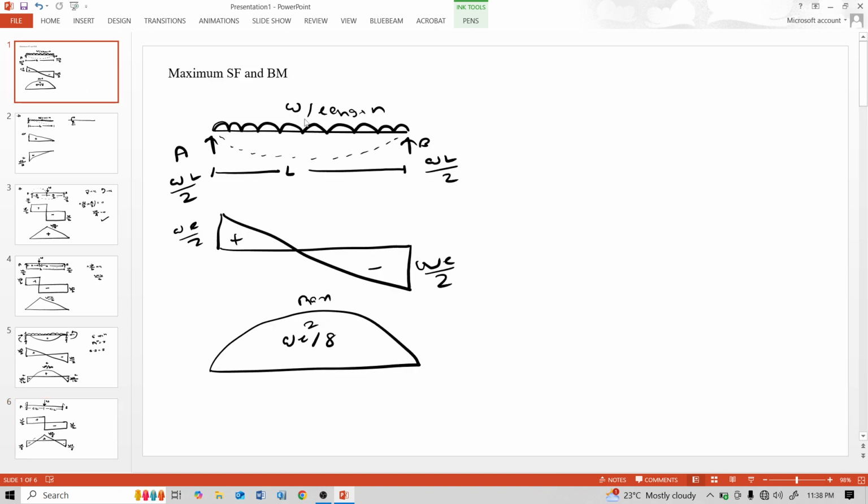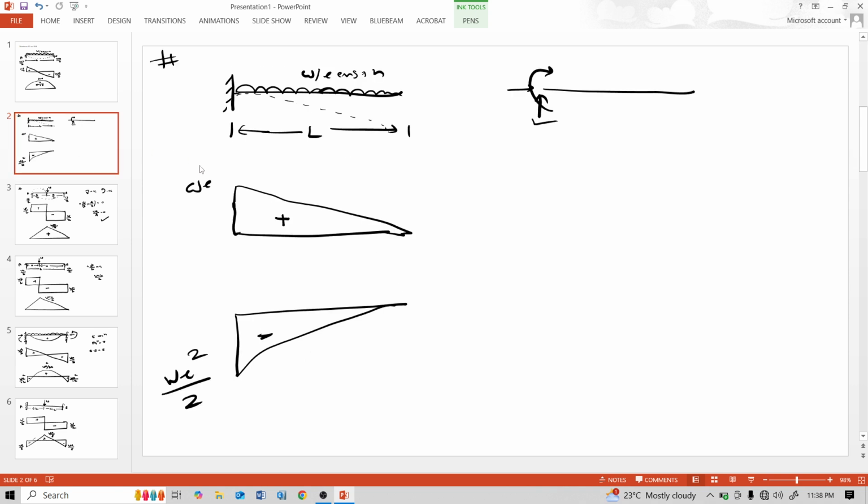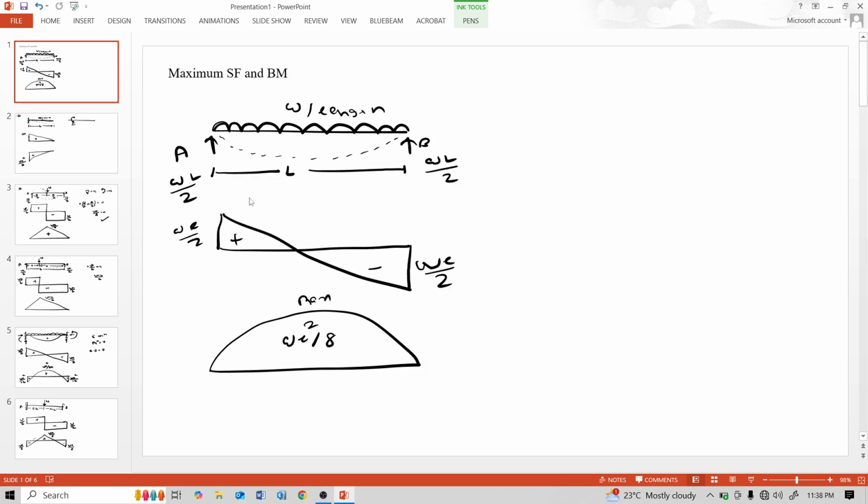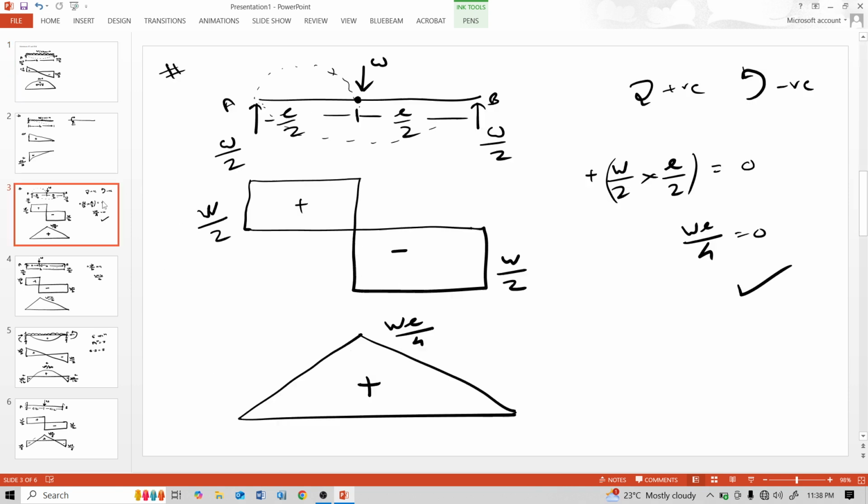Simply supported beam with uniformly distributed load, shear force is WL by 2 and bending moment is WL square by 8. Cantilever beam with uniformly distributed load, shear force is WL and bending moment is WL square by 2. This is maximum shear force WL and maximum bending moment WL square by 2. For simply supported beam with UDL, maximum shear force is WL by 2 and maximum bending moment is WL square by 8.